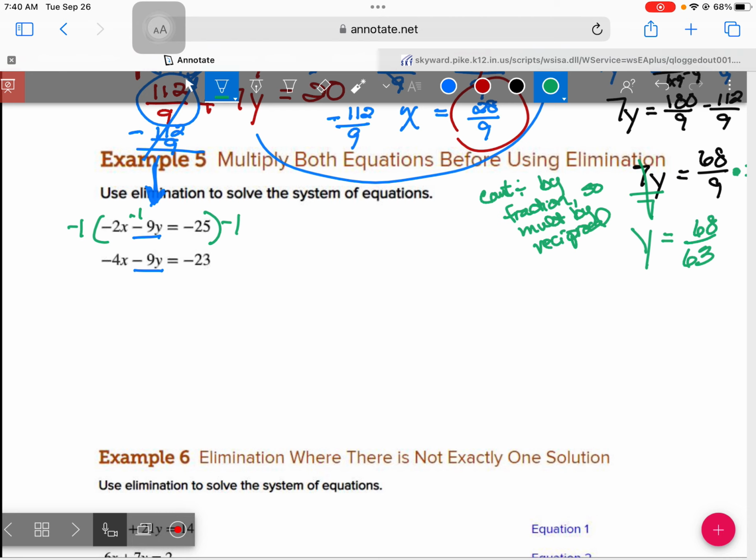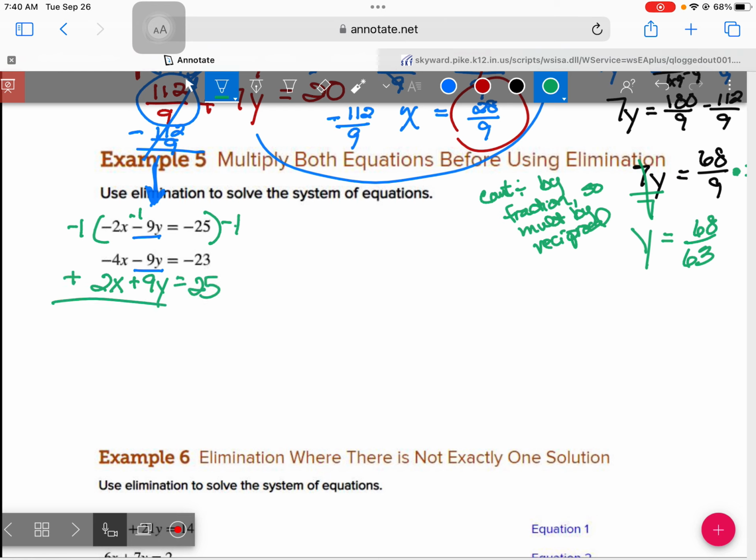So I'm going to rewrite it below. Negative 1 times negative 2x is a 2x. Negative 1 times negative 9y is a positive 9y. And negative 1 times negative 25 is a positive 25.